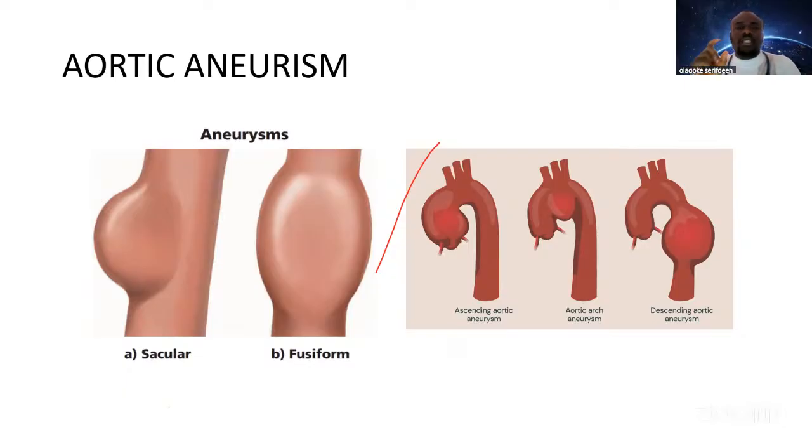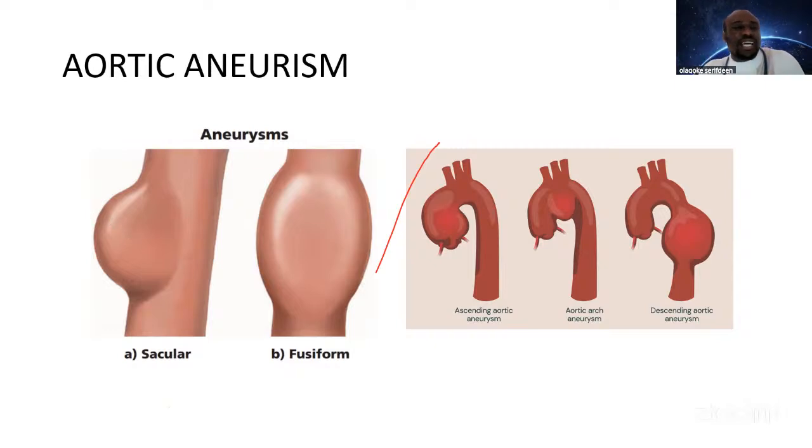And again, one thing about aortic aneurysm is this: most of the patients with aortic aneurysm don't even make it to the hospital. Honestly, if this aneurysm is not detected on time, most of the patients will finally die. We can imagine this: if this weak part bursts, what will happen?